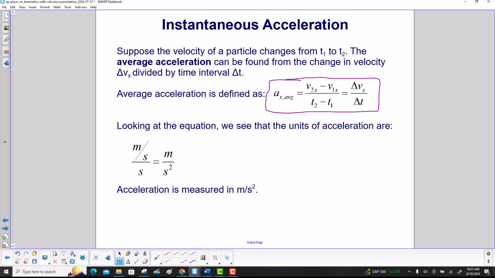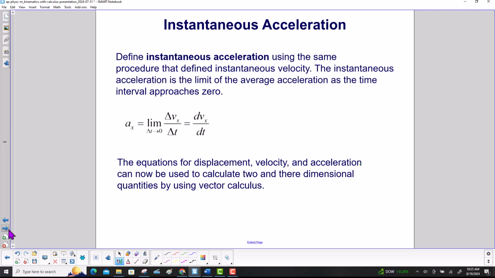Looking at the equation, we see that the units of acceleration are meters per second over seconds, or meters per second squared. So acceleration is measured in meters per second squared. Define instantaneous acceleration using the same procedure that defined instantaneous velocity. The instantaneous acceleration is the limit of the average acceleration as the time interval approaches 0.